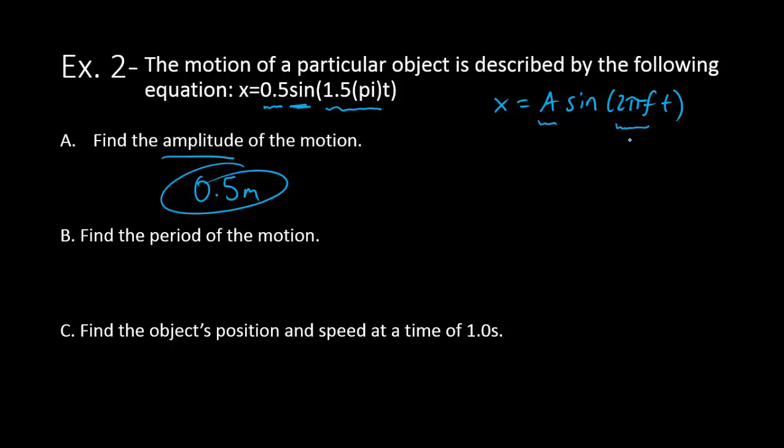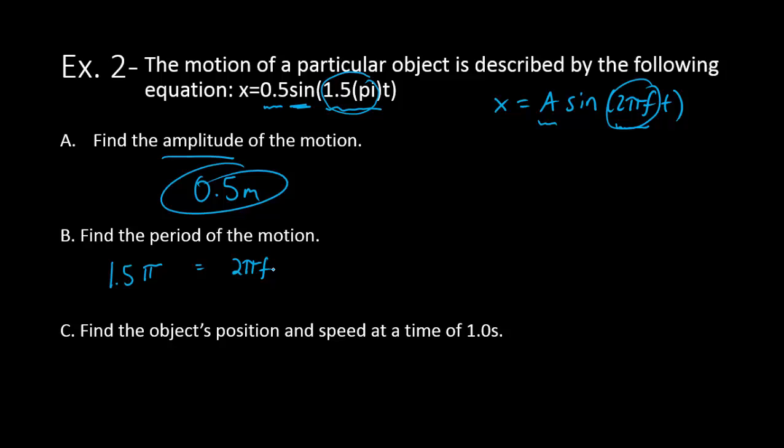I know that whatever is in front of that t has to be equal to 2 pi f. So I'm going to take whatever's in front of that t and set it equal to 2 pi f, because those are equivalent. So 1.5 times pi is what's written before the t, and that's equal to 2 pi f.